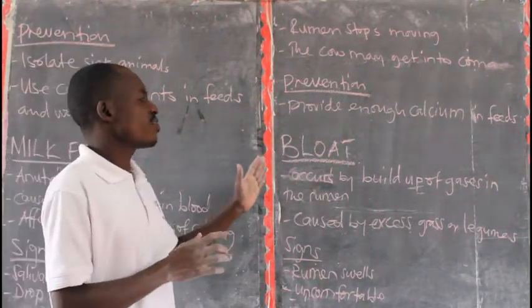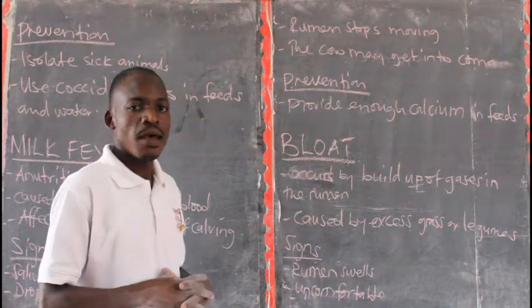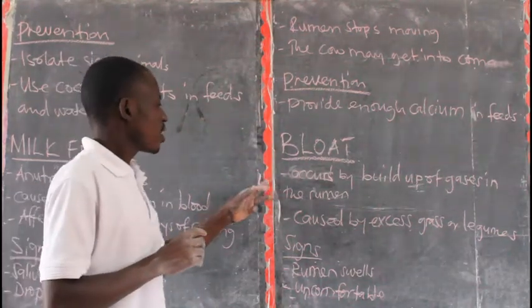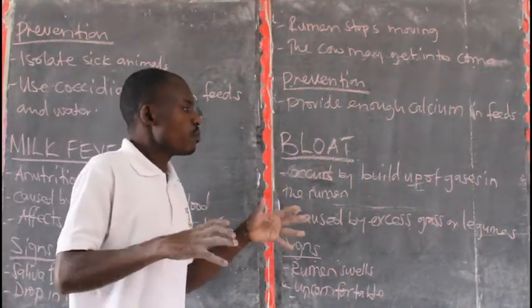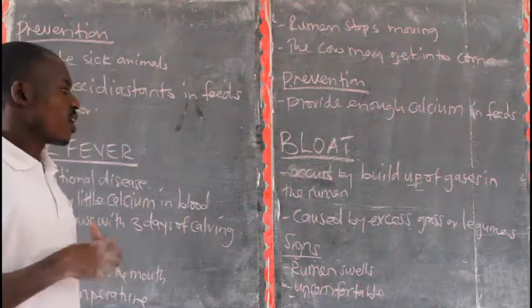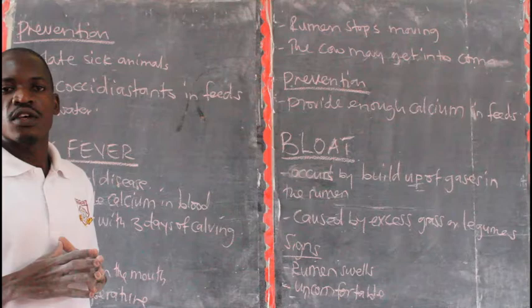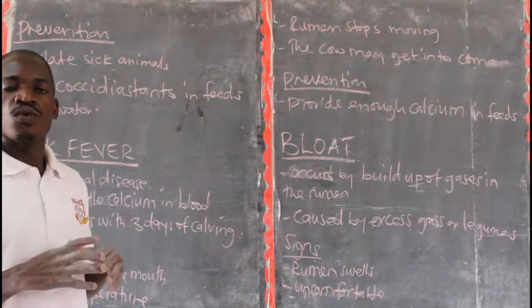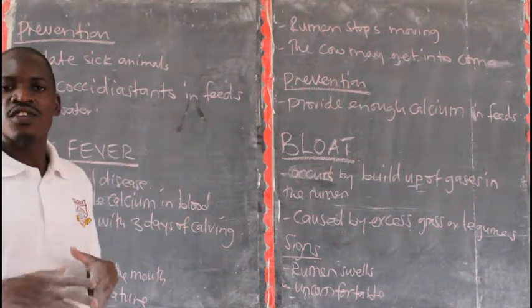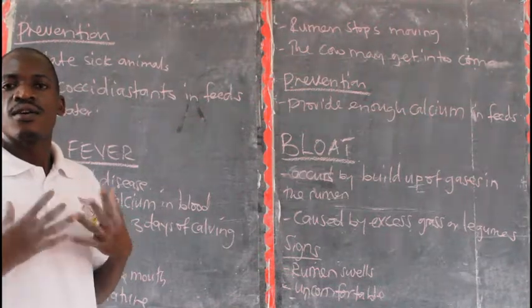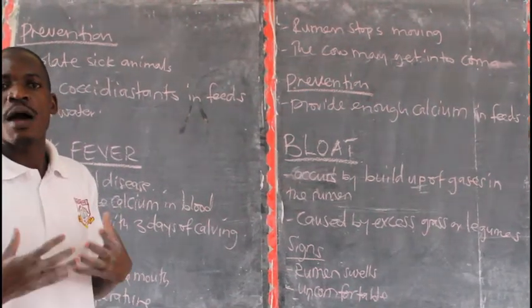Then we have another disease called bloat. Bloat occurs due to build-up of gases in the rumen. We talked about the stomach chambers: reticulum, rumen, omasum, and abomasum.